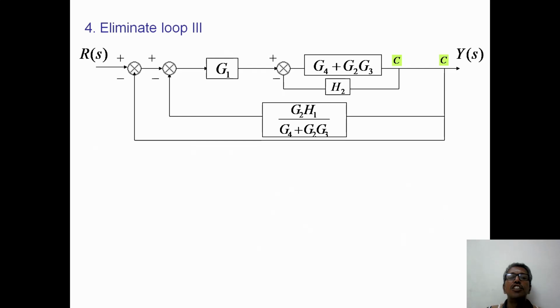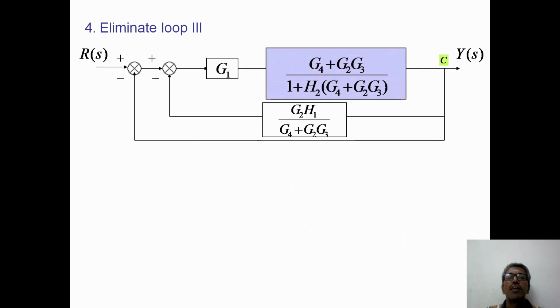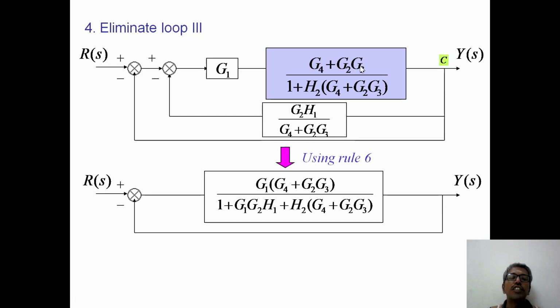Then you get G2, G4, G divided by 1 plus GH rule. Now G1 and this block are neighbors, so you can multiply and combine these two blocks, G1 and G2.